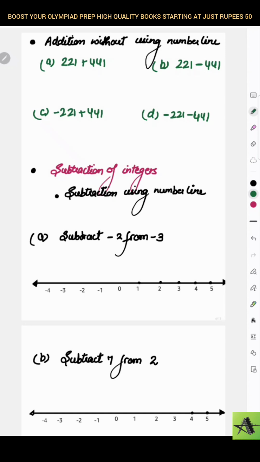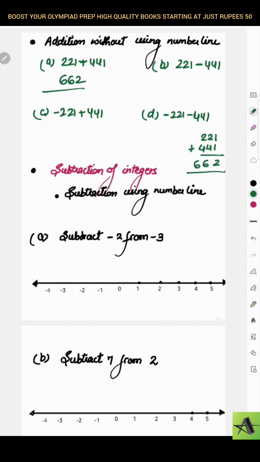Keep in mind that if you are adding two numbers of the same sign, we always have to add them. If both numbers are positive, or if both numbers are negative, we always have to add them. So 221 plus 441, we will do the same as conventional. 221 plus 441 gives 662.